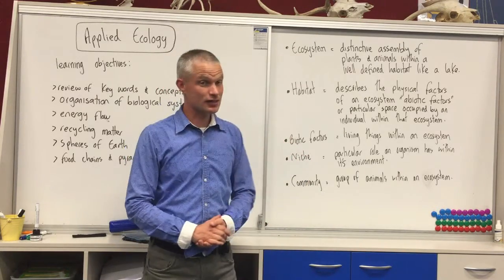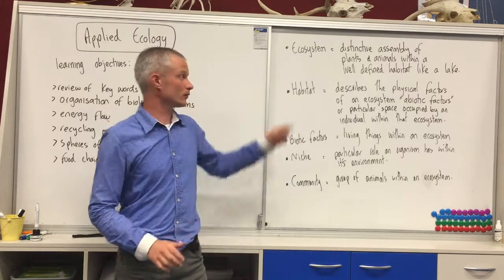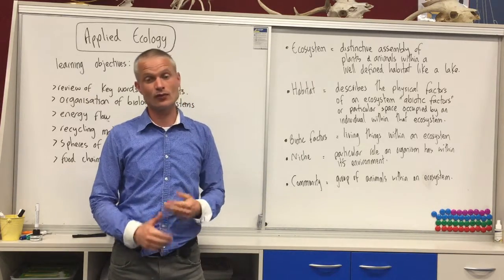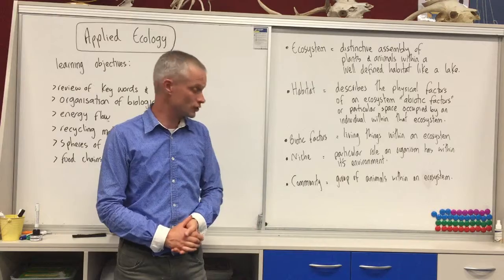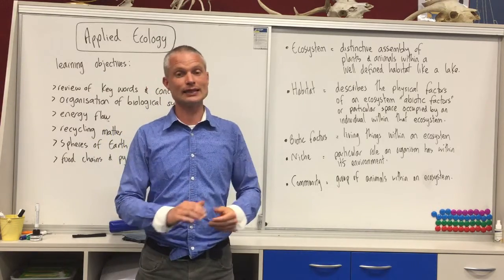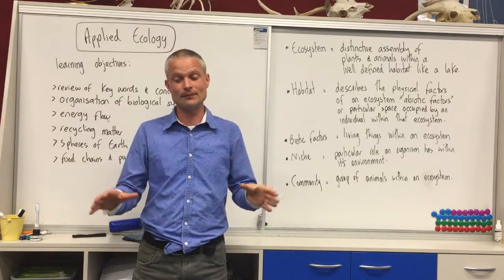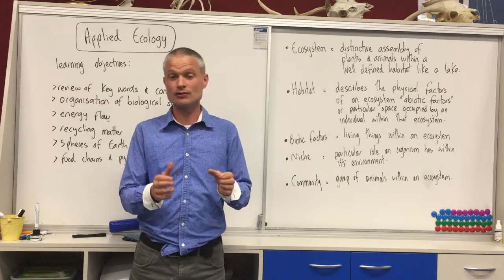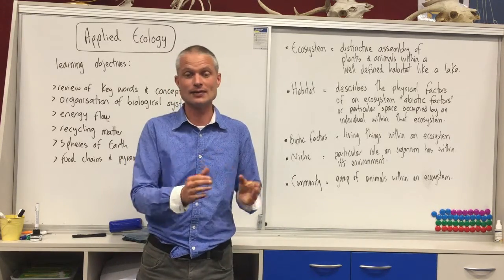Biotic factors are the living things within that particular ecosystem, so all the plants, animals, insects, etc. The niche, if you hone in on a particular animal within that ecosystem, is the role it occupies within that ecosystem.